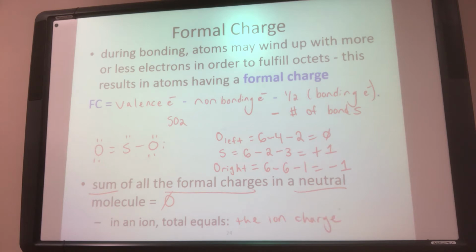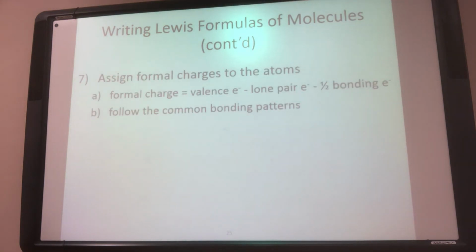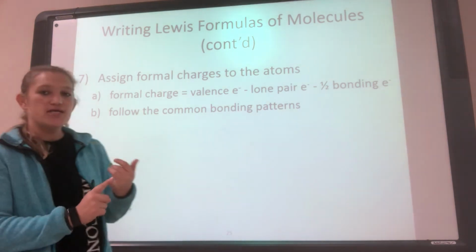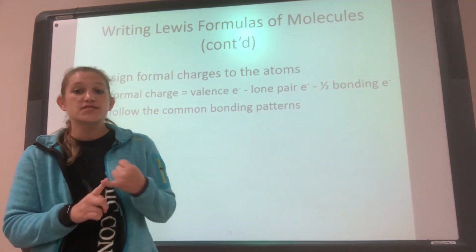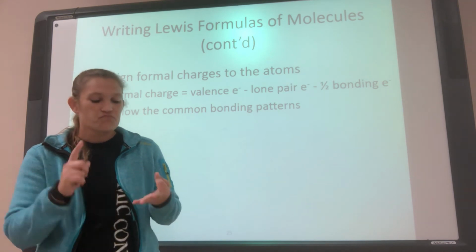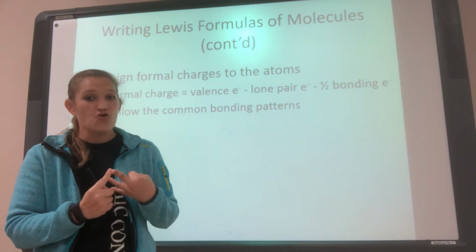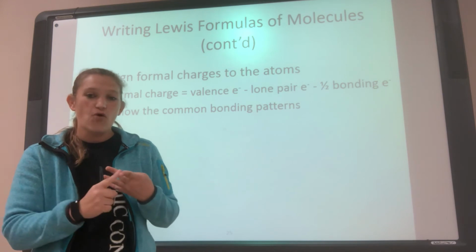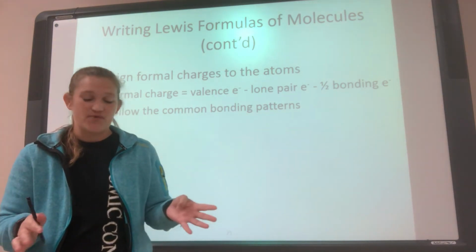All right, so what we're going to do now is go through my steps. Step 1 is skeletal structure. Who goes in the center? Least electronegative. Step 2, add up my electrons. Step 3, make single bonds with everything. Step 4, make the outside electrons happy.